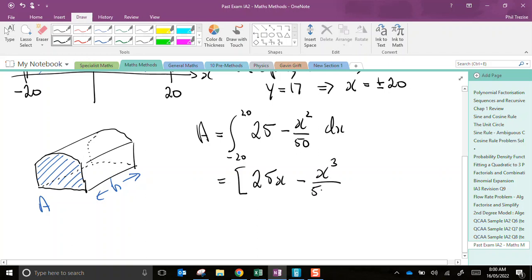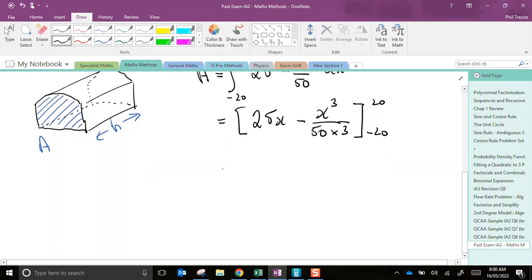There's already a 50 there, and now I have to divide by the new power, so there'll be a 3 there as well, and we're integrating from minus 20 to 20. So showing our working, it'll be 25 by 20 minus 20 cubed over, now 3 times 50 is 150.